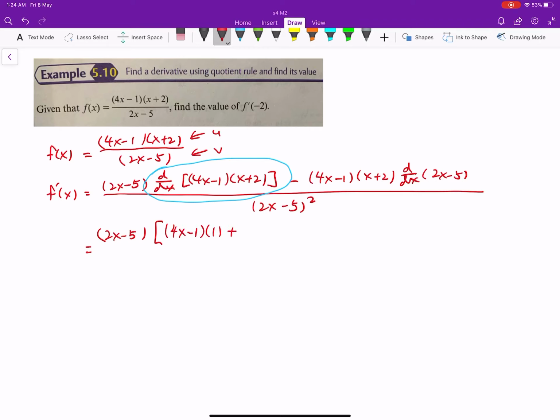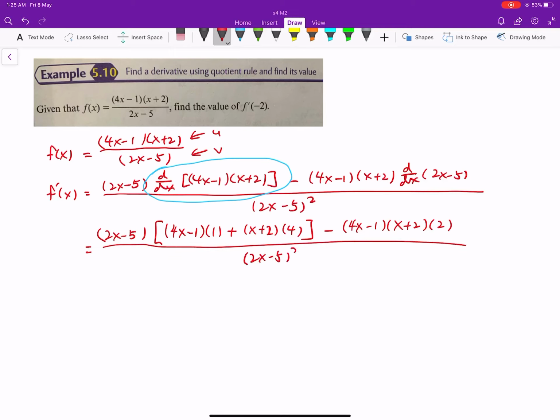So you have this, and then minus 4x, 4x minus 1, x plus 2, we keep it, and then this is 2. The following is just some operations. Make sure you get the correct answer by expanding or simplifying all the expressions.